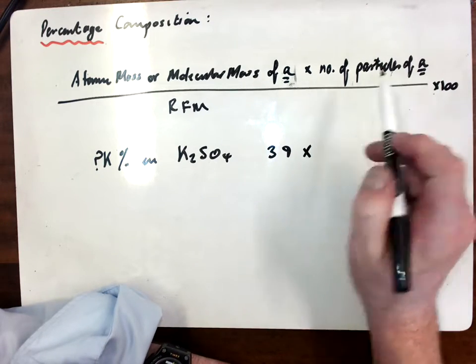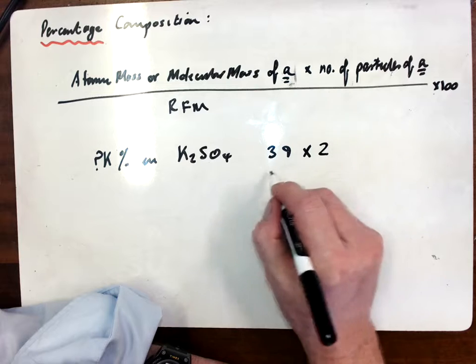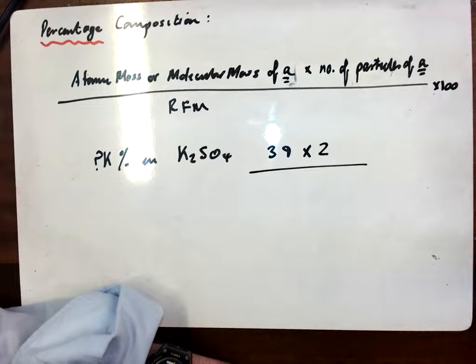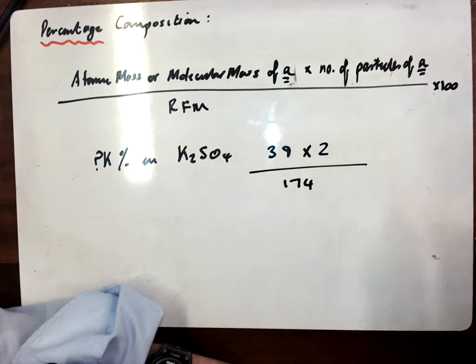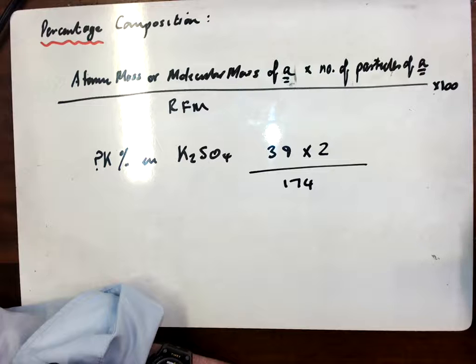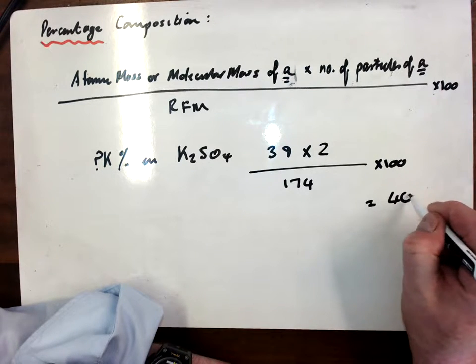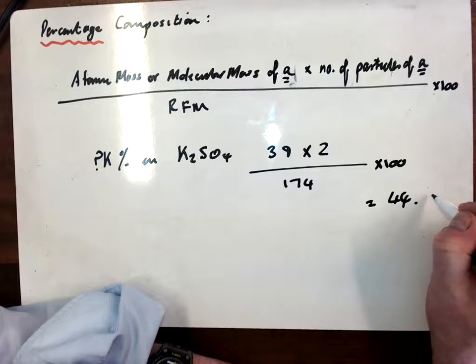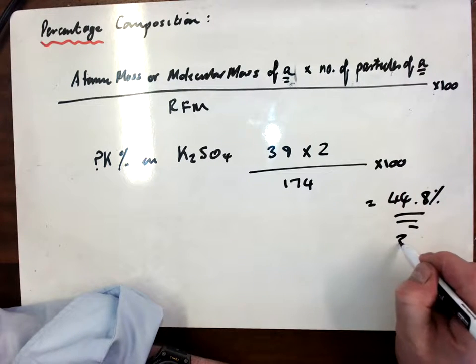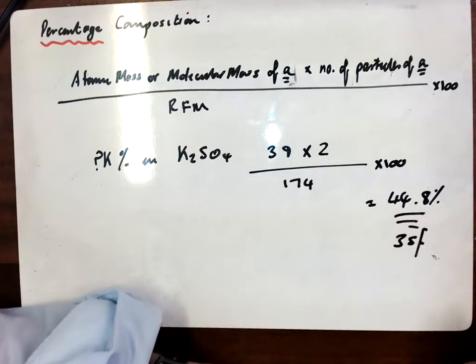The number of particles of potassium is 2, and we will divide that by the whole thing, which is 174. So 39 times 2 divided by 174, times 100, gives us a percentage this time of 44.8%. We always work, guys, to 3 significant figures here.